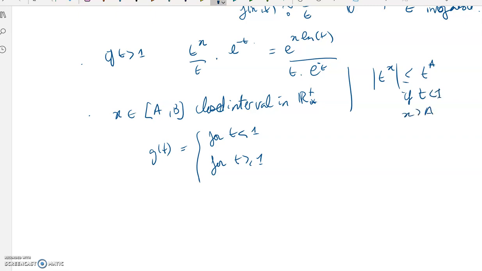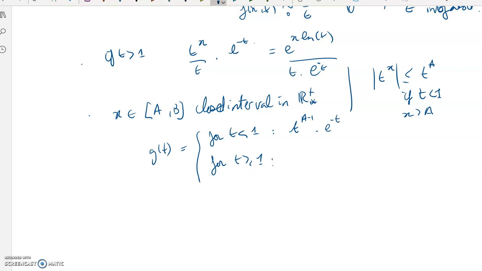So let's just keep e to the (a minus 1) times log of t. Well, we can just write it with the original writing, so that just makes t to the power a minus 1 times exponential minus t. That's going to be our g.